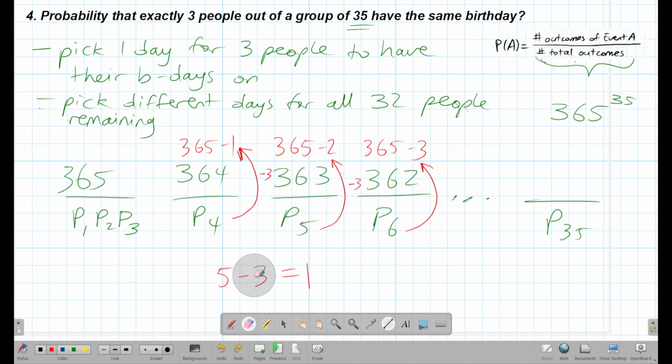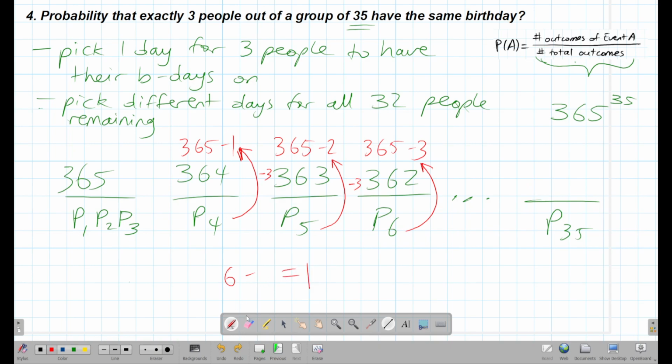And lastly, if I subtract 3 from 6, I get that minus 3 over there. But what I'm saying is, whatever number we have in the bottom here, we just take that number, subtract 3 from it, and we subtract that difference from 365. That's how we know what number to write over here.